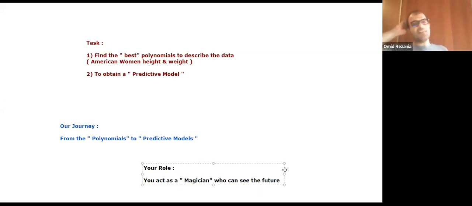You become a magician that can see what's going to happen in the future. And that's essentially the power of the math and the polynomials that you have learned before. Okay. If you have no questions, we just go to the R.